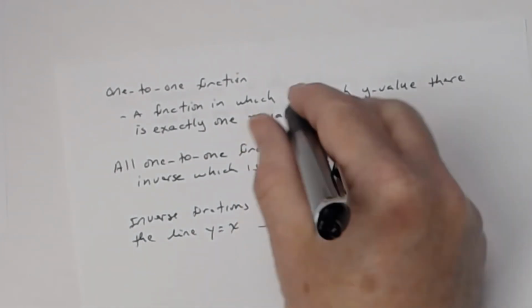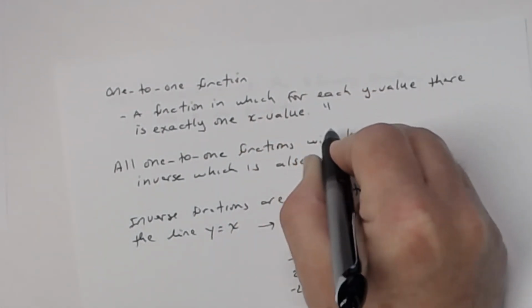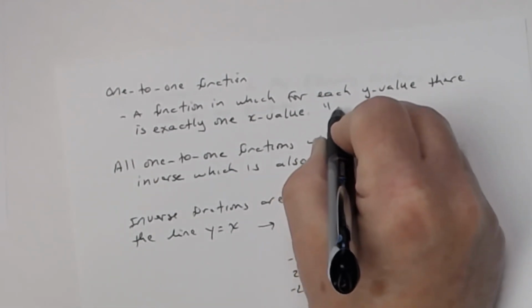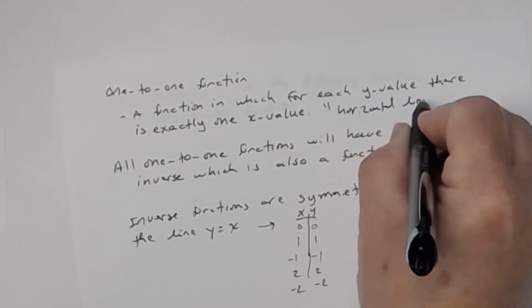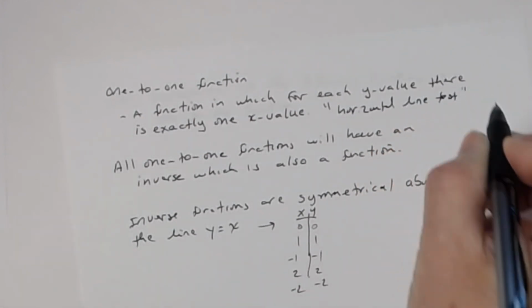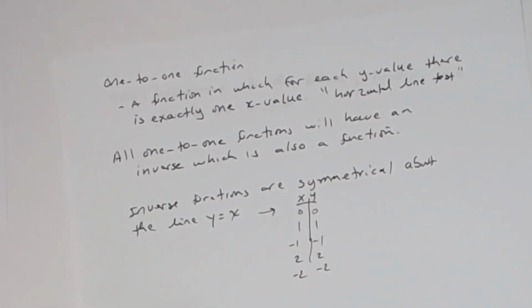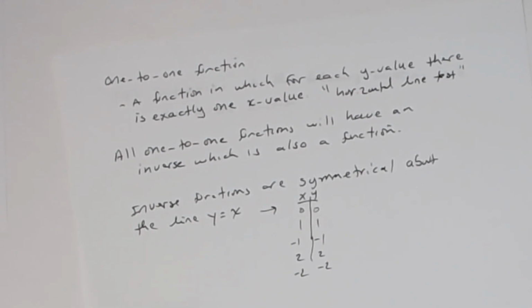All right, and so remember one of the ideas that we were using in some of our examples was the horizontal line test. Horizontal line test. That's what we use to determine or to see that a function was one-to-one, which implied it also has an inverse.